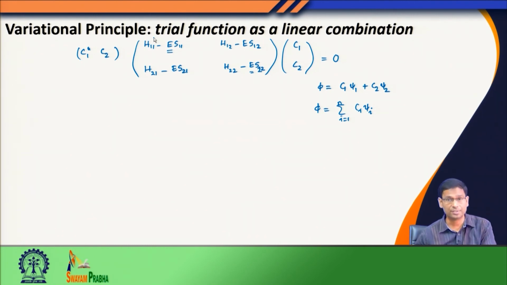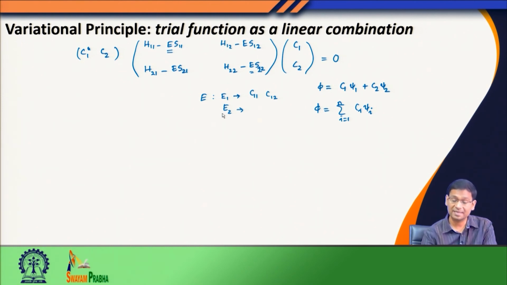I will consider the lowest energy value and find the eigenfunctions corresponding to that energy, given in terms of C1 and C2. So, by solving this equation I would get E1 and E2, and corresponding to E1 I will get C11 and C12, and corresponding to E2 I will get C21 and C22.